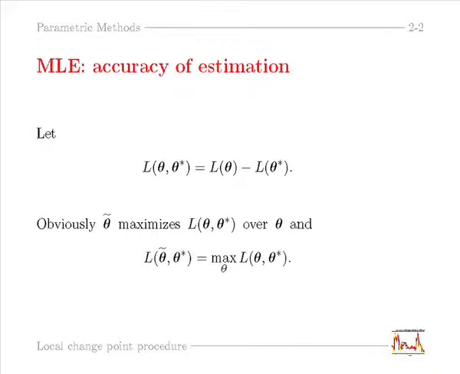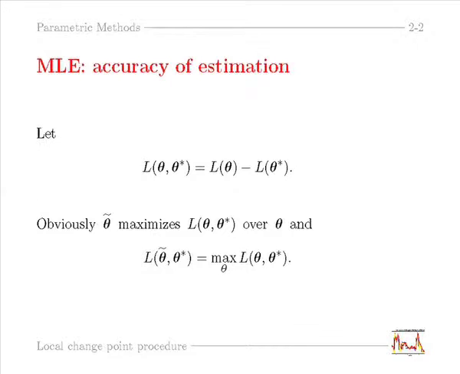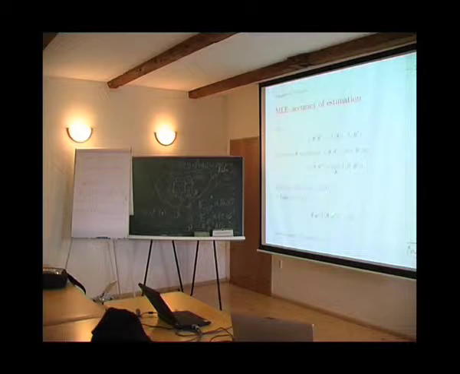Okay, this is a parametric theory, and it can again be put in one line. If the parametric model is true, then the fitted likelihood minus the likelihood at the true value is stochastically bounded with moments.